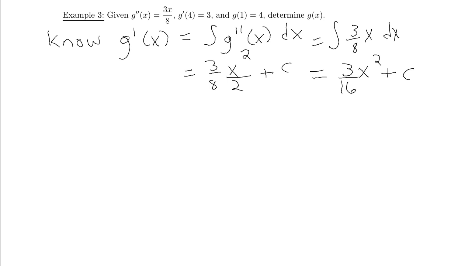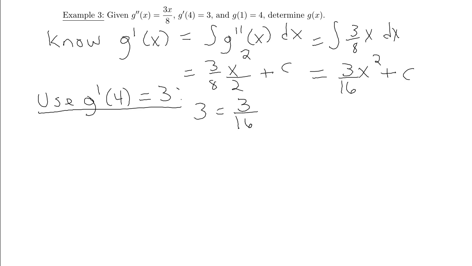And at this stage, we actually could solve for c because we know a point on this g prime function. We know that g prime of 4 is equal to 3. So we can use the fact that g prime of 4 equals 3, and that's going to help us solve for this constant right away. So we have that 3 is equal to 3 over 16, I'm plugging 4 in for x, plus c.